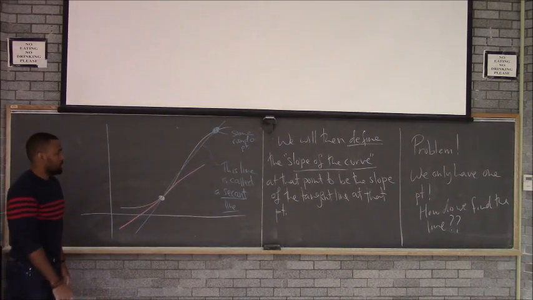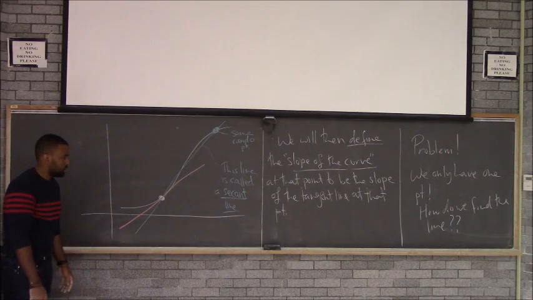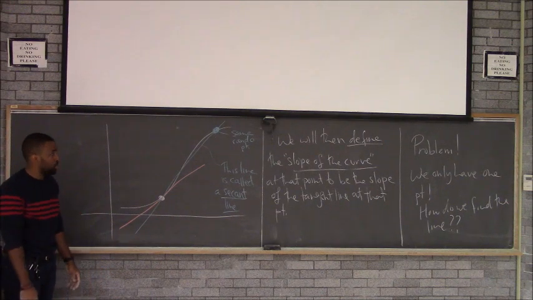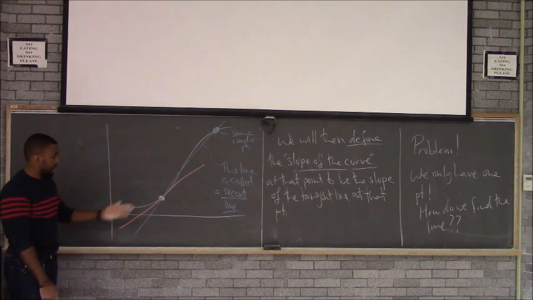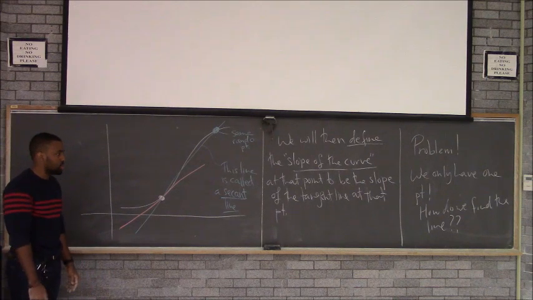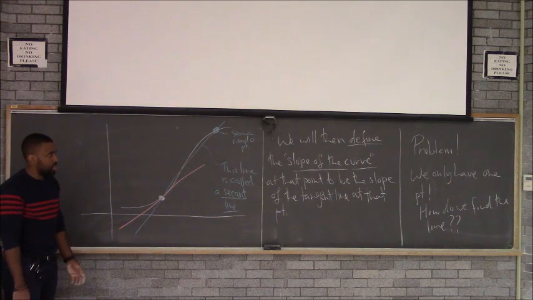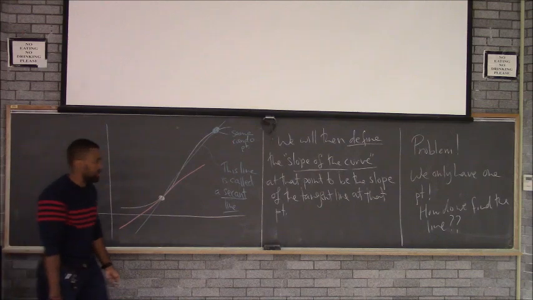So the tangent line is what I care about. I don't know how to find the tangent line. But if I pick some other random point, I know how to find the line that connects those 2 points. That is called a secant line, which touches a curve in 2 points of interest.